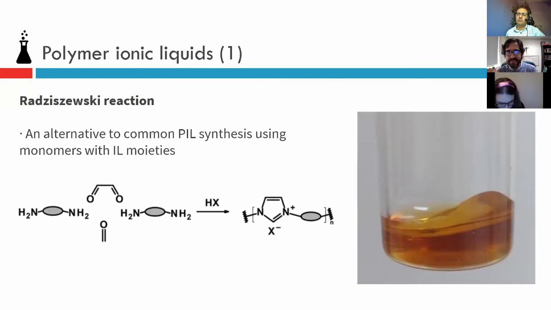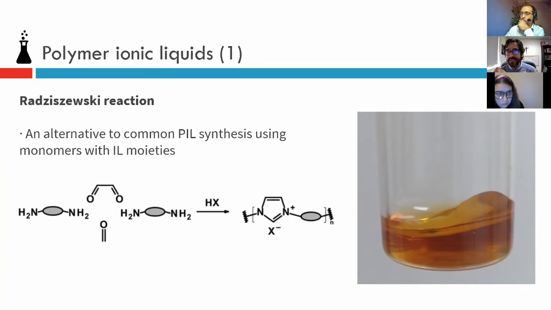We have selected a very simple approach, which is not exploited at all in the analytical chemistry context, the so-called Radziszewski reaction. This is a very simple process that takes place in water. So you don't need a specific solvent for synthesizing the ionic liquid, and you can use mild conditions.